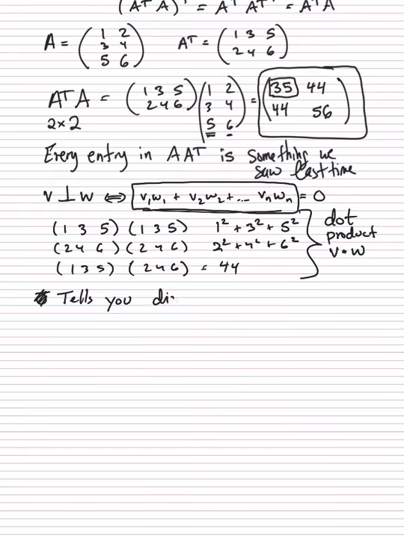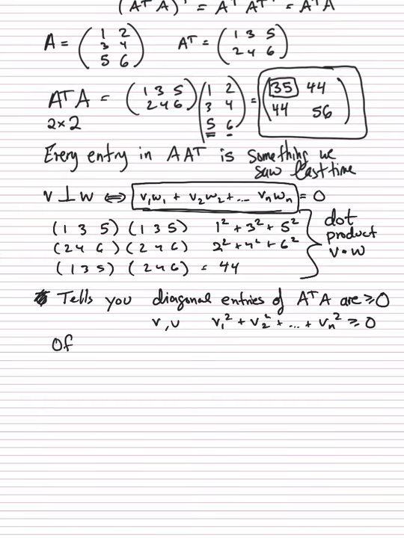Maybe I should say what this also tells you is that the diagonal entries of A transpose A are greater than or equal to 0. This is just because if I do this for any vector with itself, I'm getting v1 squared plus v2 squared up through vn squared, which is greater than or equal to 0.